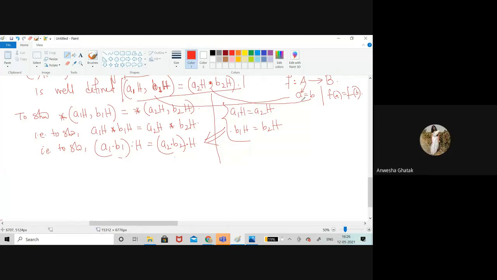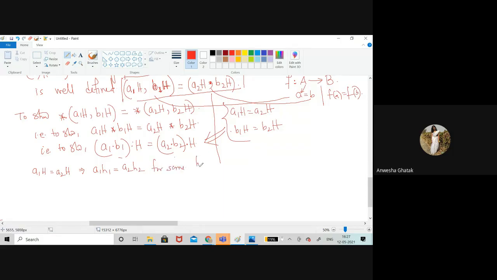Sir, I will try. Okay, sure. Yes, please tell me. A1H equal to A2H, then for some small h1, small h2 belonging to capital H, very good, we get A1h1 equals A2h2.